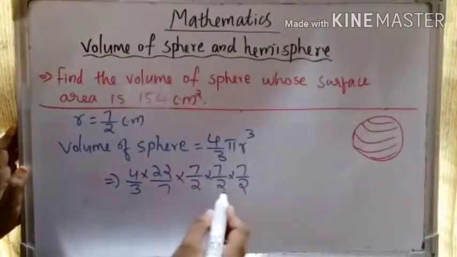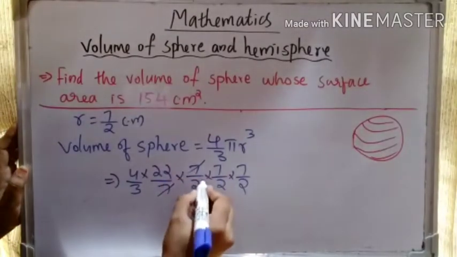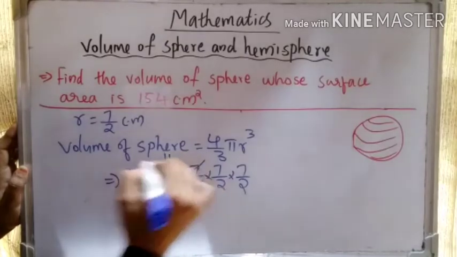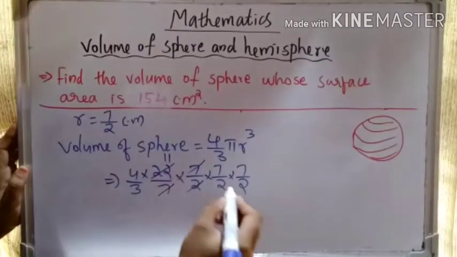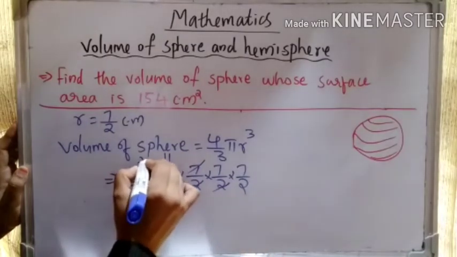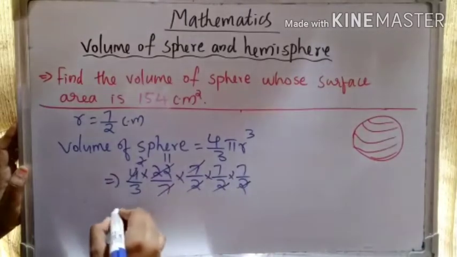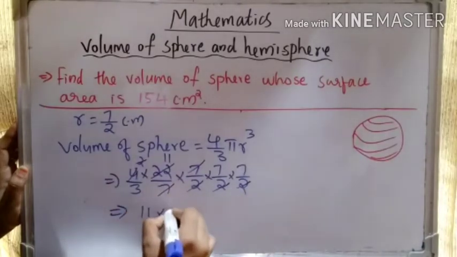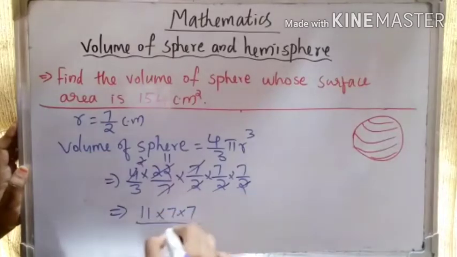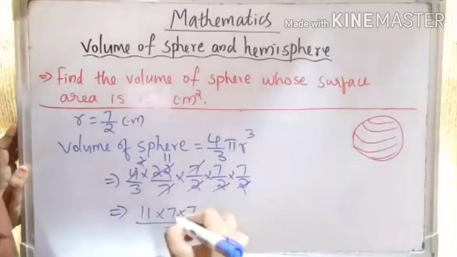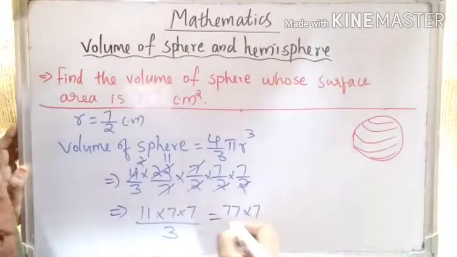Then 7 cancelled, 2 22, here 11, then 2 4, then here 2, this 2 and this 2 cancelled. Then what remains? 11 into 7 divided by 3.